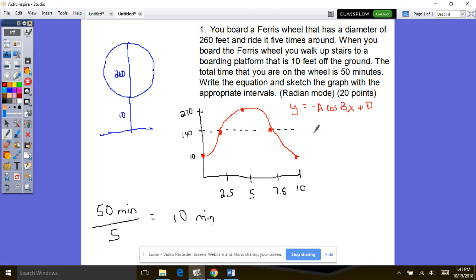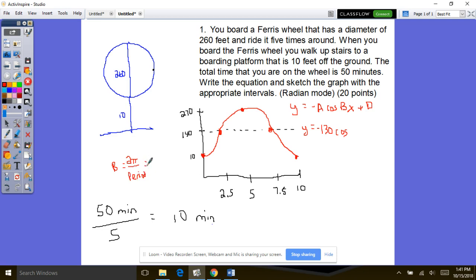So now we have the graph. Now we need to write the equation. So y equals, well, I need the amplitude, so it's the negative of the amplitude. The amplitude is the distance from the middle to the high or the middle to the low. They're the same. You can just subtract: 140 minus 10 is 130. So it's going to be negative 130. And half of the diameter is also the amplitude, another way to think about it. So negative 130 cosine, and remember b, the number in front of x, is always 2 pi divided by the period.